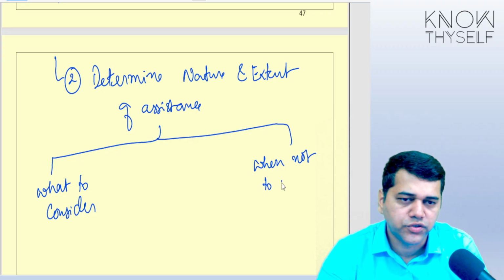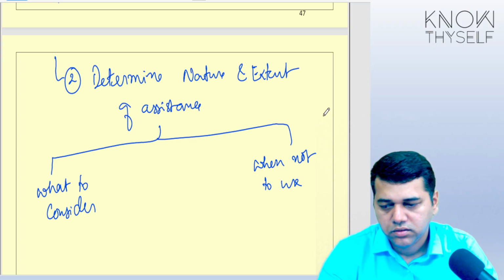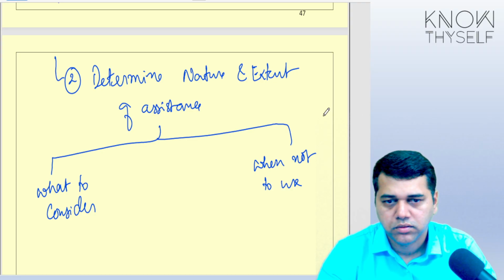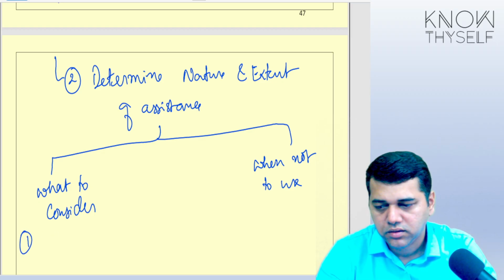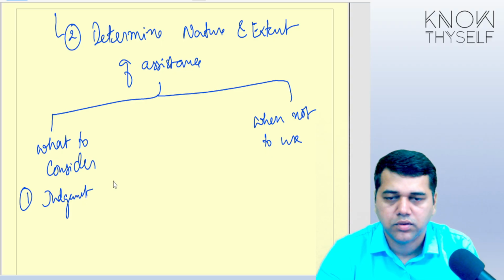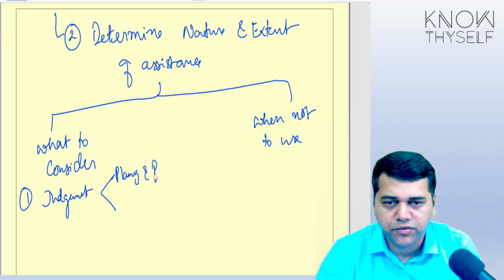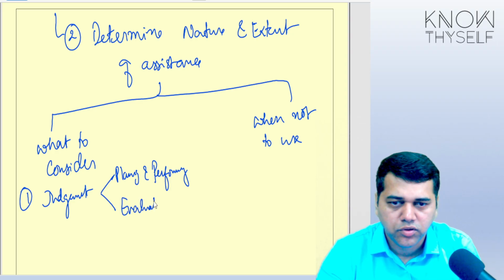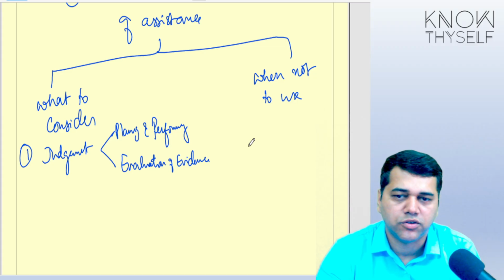When not to use. These are the 2 points they are going to talk. So what you need to consider? One, judgments, where in planning and performing evaluation of evidence. You need to consider planning and performing evaluation of the judgment.